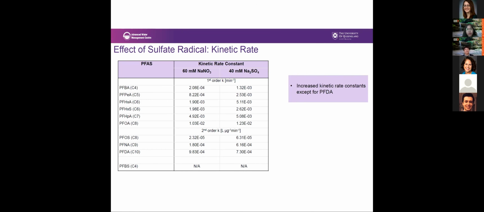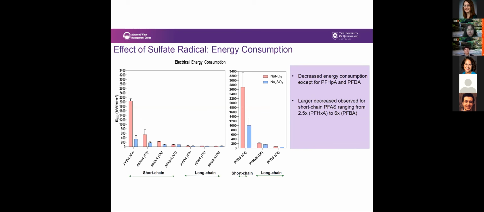On the other hand, for the kinetic rates, we observed that the majority of the PFAS increase in kinetic rates with the presence of the sulfate radicals, except for PFDA. And then in the comparison of the energy consumption, we observe a decrease in the energy consumption with the presence of the sulfate radicals.